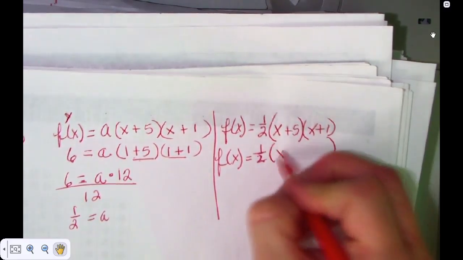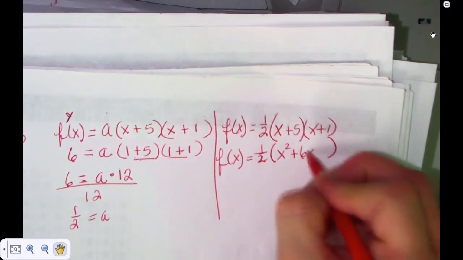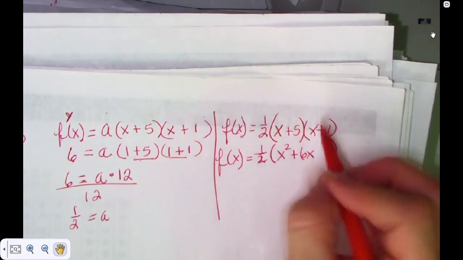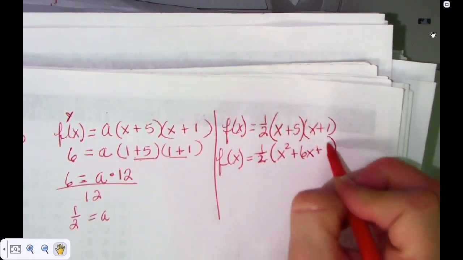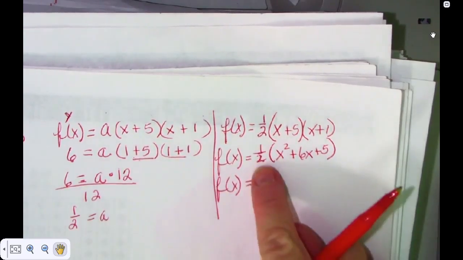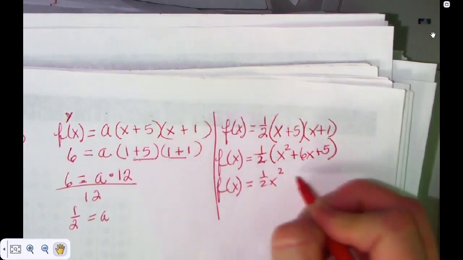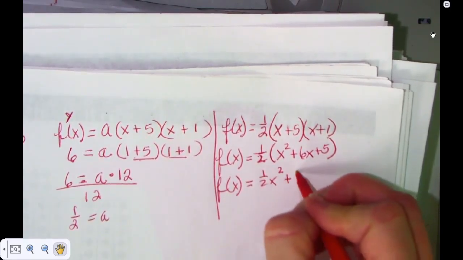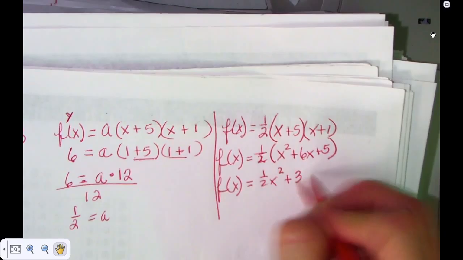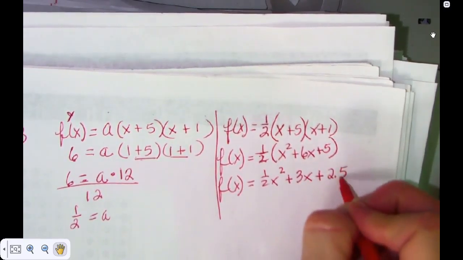So it's going to be what? X squared plus 6x. Y'all see where they got 6x? Plus 5. Now, we have to multiply 1/2 by all the terms. So it'll be 1/2 x squared plus 3x plus 2.5, or you could say 5/2 even.